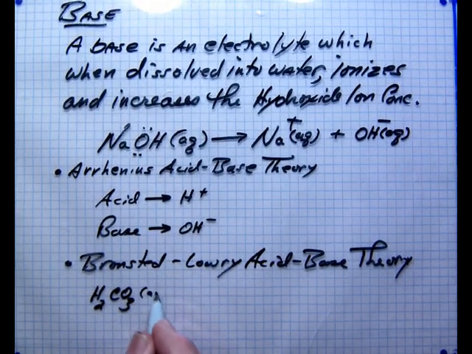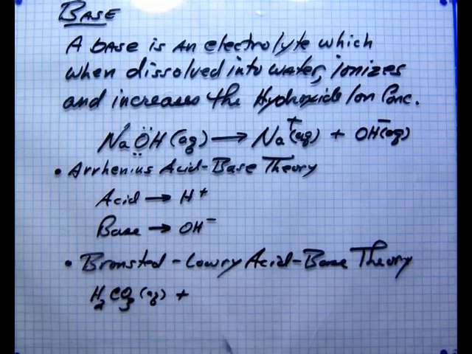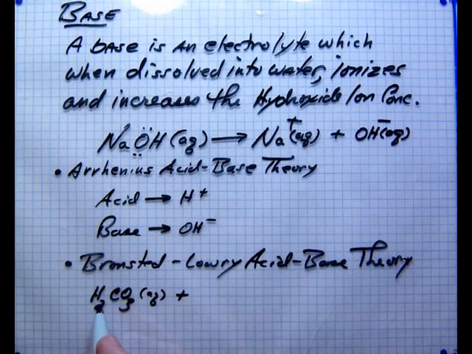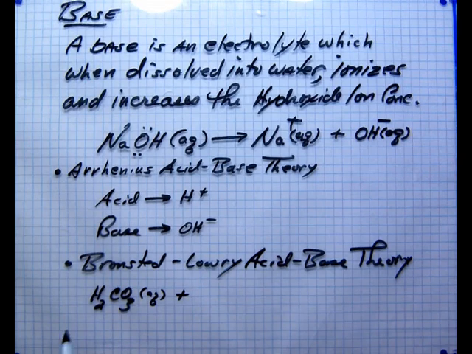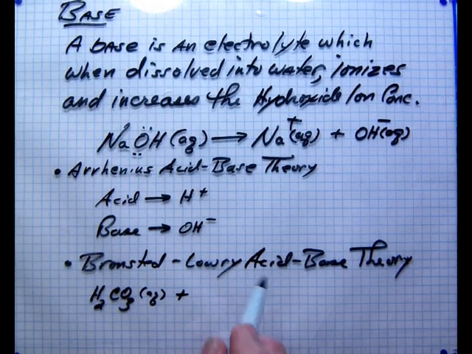H2CO3 and you put it into water, one of the hydrogens here is ionizable. Both of them are ionizable, but the second one is less ionizable than the first one, which is another story.